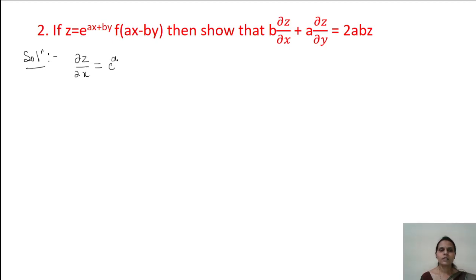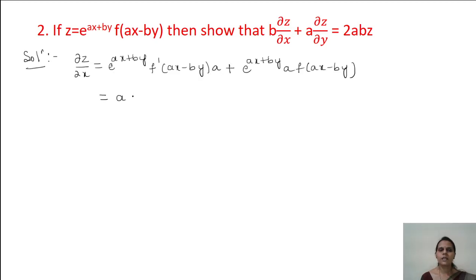I am taking the first function as it is, that is e power ax plus by. Differentiating the second function, we get f dash of ax minus by into a, plus differentiating the first function, we get e power ax plus by into a, into the second function written as it is. So now this is equal to, in both the terms we have a into e power ax plus by common.